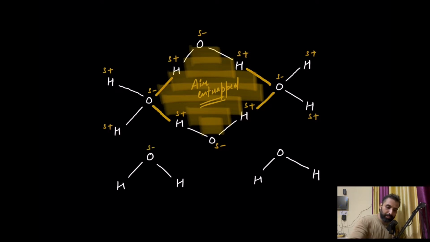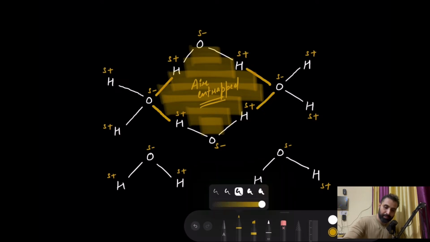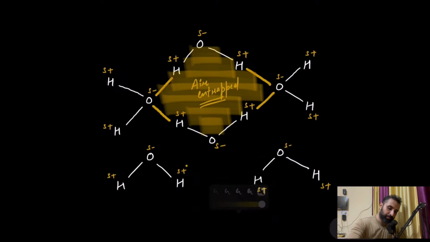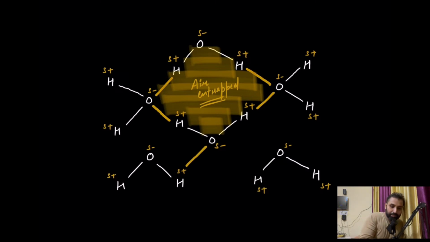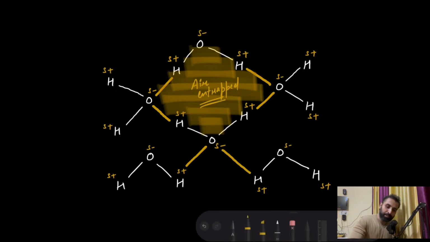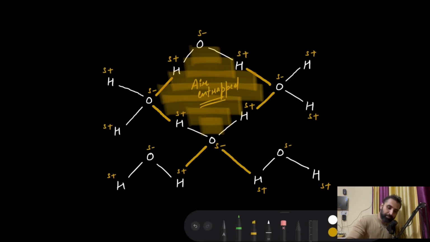This oxygen will acquire a delta negative charge, delta positive, delta positive, delta negative, delta positive, and delta positive. Next, there will be a hydrogen bond between this hydrogen and oxygen, and also a hydrogen bond between this oxygen and this hydrogen.